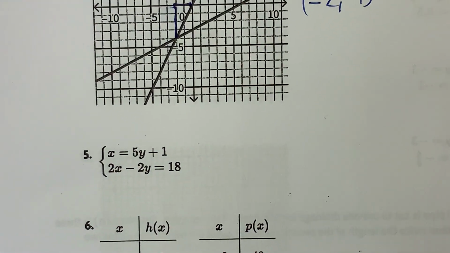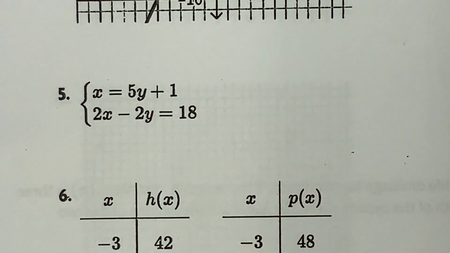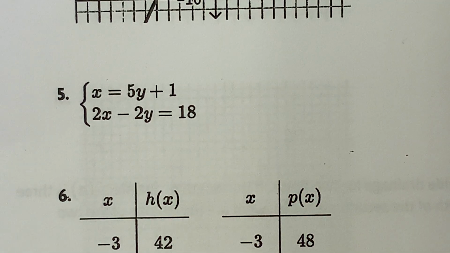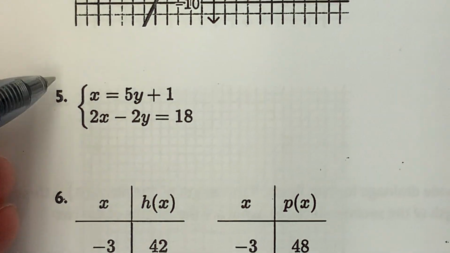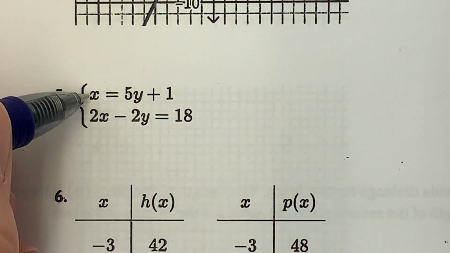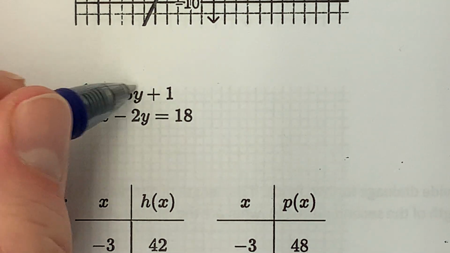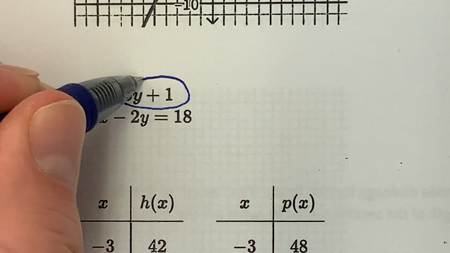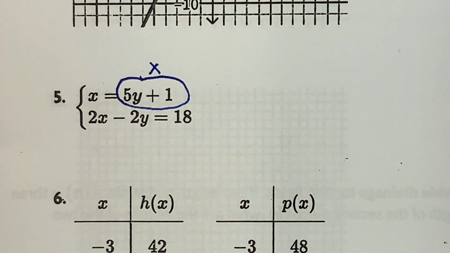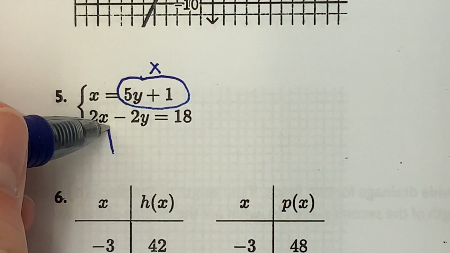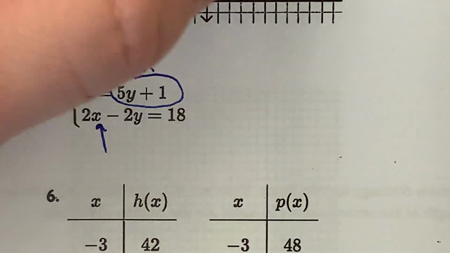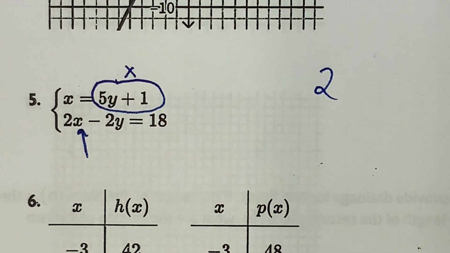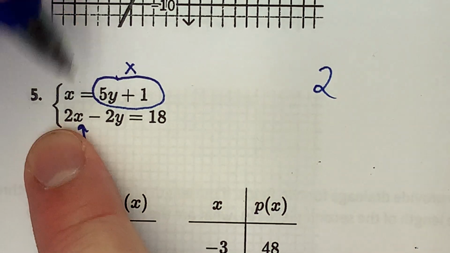All right, you have one of these on the test, so if you want to try it yourself, go ahead and pause. If you're not trying it yourself, then here we go. This is x equals this value, which means all of this is x. So I'm going to plug that in for x right here. And it's going to look like this. 2, same 2, see that 2?